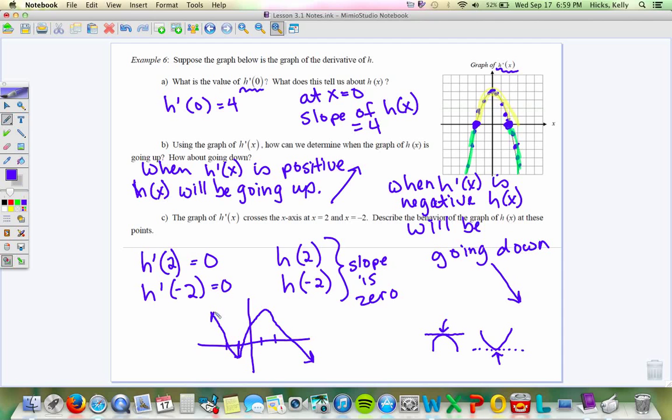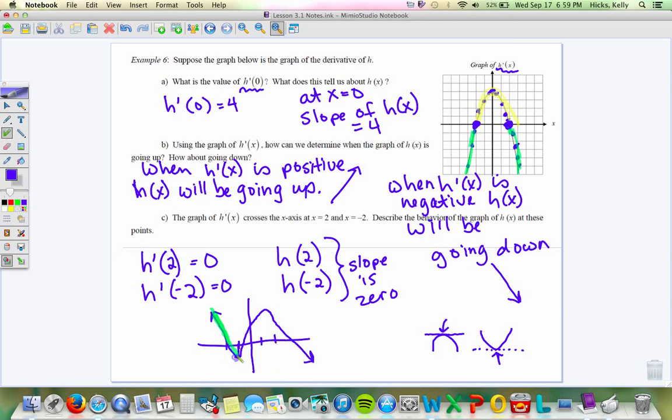Sorry, that was a curve. It is not perfect by any stretch of the imagination. All right, so your graph, think about what's happening here. I'll kind of color it in green as well. So through the green area, through here, you have a negative slope all the way down to here.